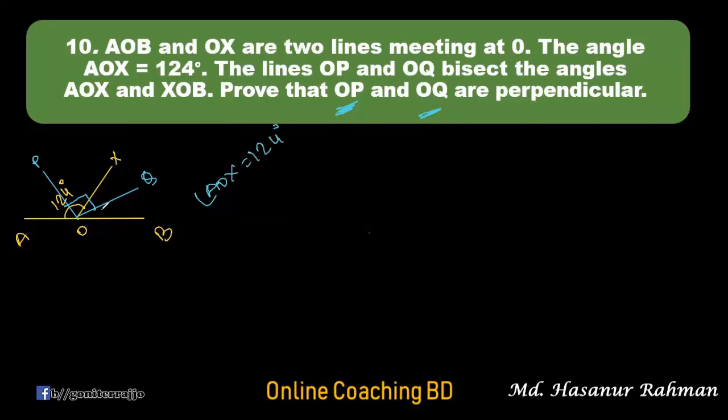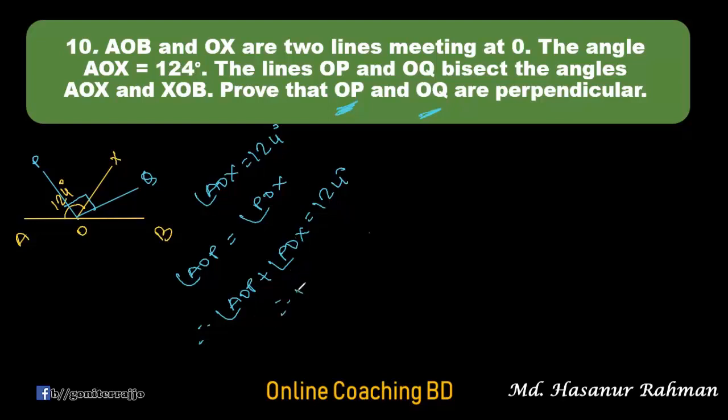Since OP bisects angle AOX, we can say angle AOP will be equal to angle POX. Why? Because OP bisects this angle AOX. That's why we can say angle AOP plus angle POX equals 124 degrees. And angle AOP and POX are the same thing, so the addition of angle AOP and POX should be 124 degree.